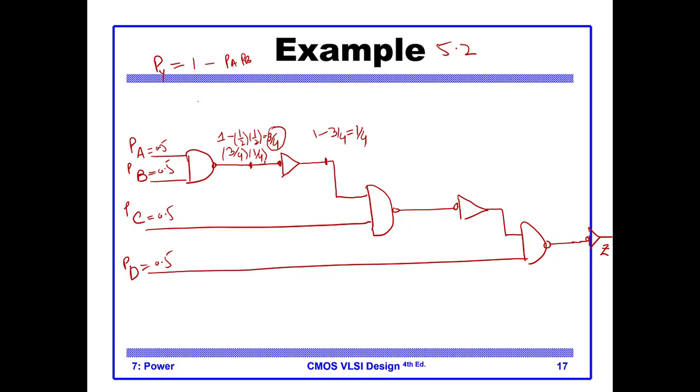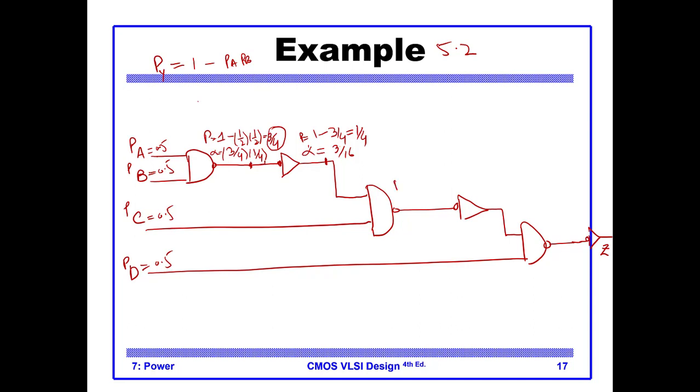Okay, and the switching activity, so this is P, this is alpha, this is P here. The alpha will remain the same because we have 1 by 4. So 1 by 4 into 1 minus 1 by 4 is again 3 by 16.